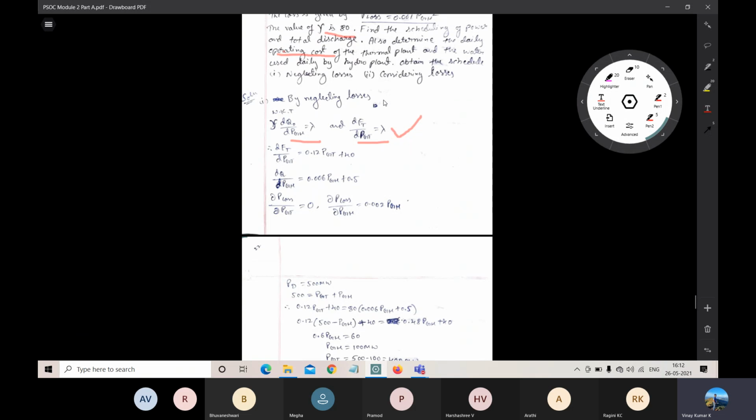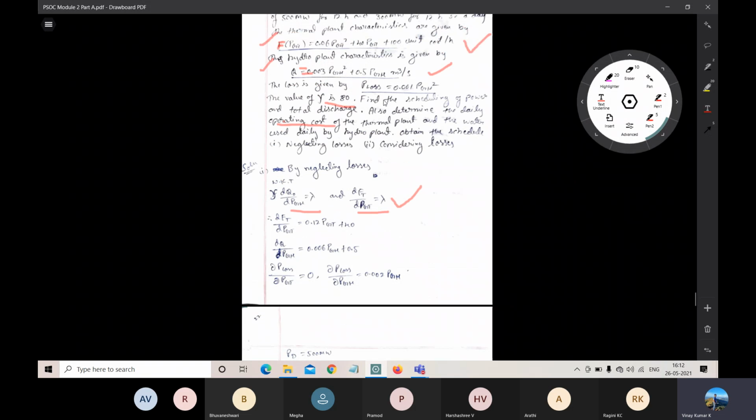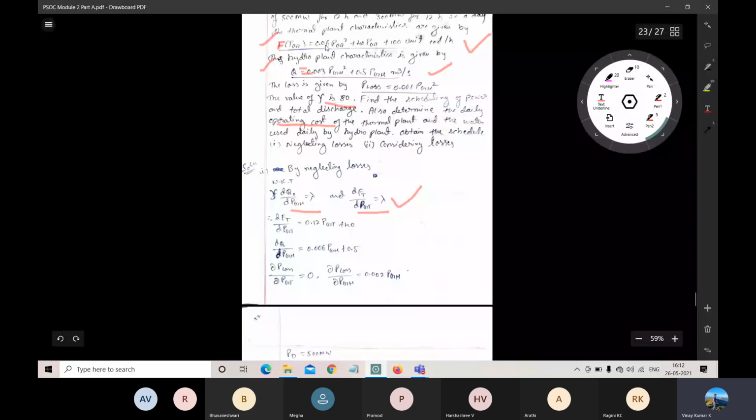So from the equation dfPGT, just differentiate this and you will get PGT. Differentiation of PGT square is 2 PGT, so 2 into 0.06 is 0.12. The same thing is written here, plus 40. And similarly dq naught by dPGH, here also you need to differentiate this equation.